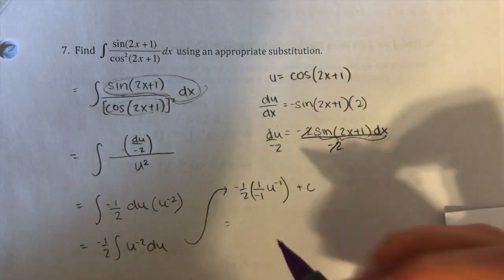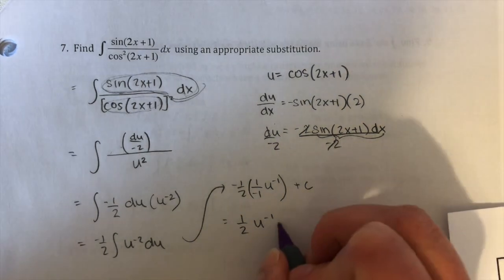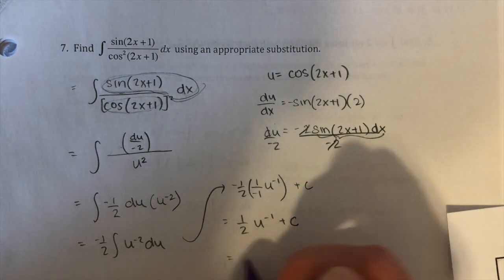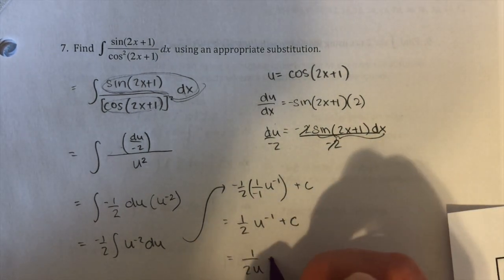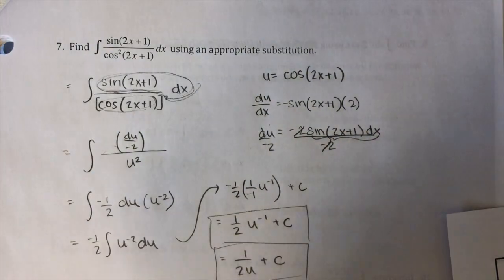So negative times negative, those cancel out, so this is going to be a positive 1/2 u to the negative 1 plus c. We could write it as 1 over 2u plus c. If we wanted, that also is fine.